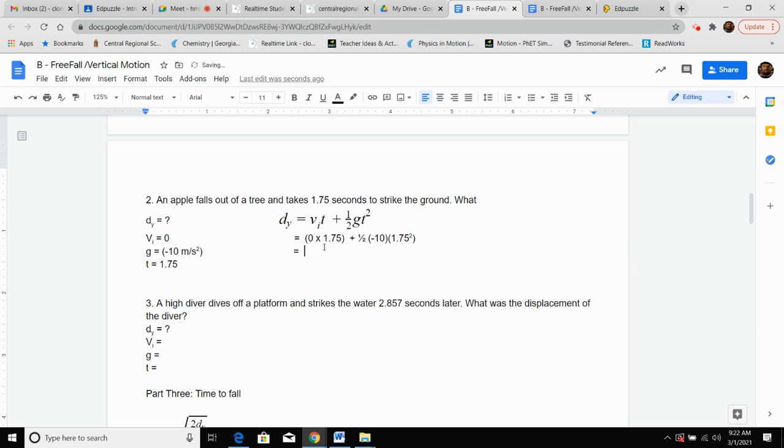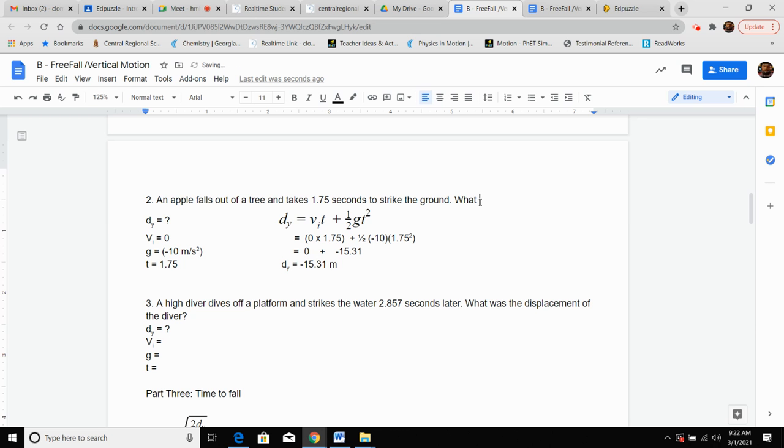So I'm going to do, in my calculator, 1.75 squared. I get 3.065. Times that by negative 10. And then I'm going to divide that by 2. And I get an answer of negative 15.3125. I'll just chop it right there, 2 decimals. Okay, so my final answer, I just add the two values together. So dy is going to equal negative 15.31 meters.